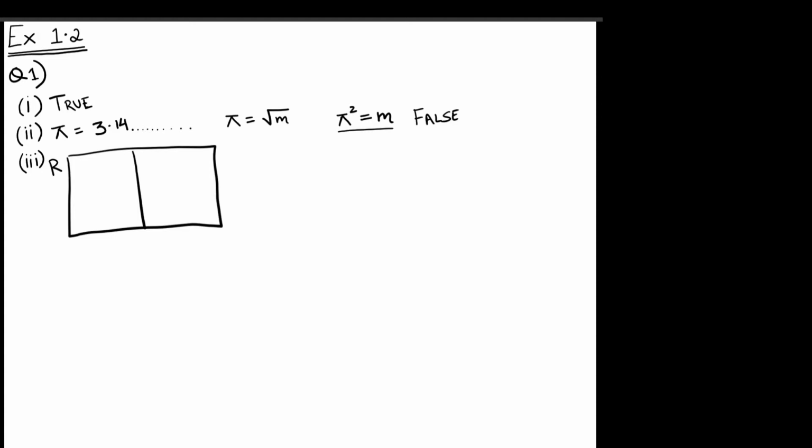I'm denoting real numbers by the capital letter R. It consists of two things. It consists of all irrational numbers and it consists of all rational numbers, right?